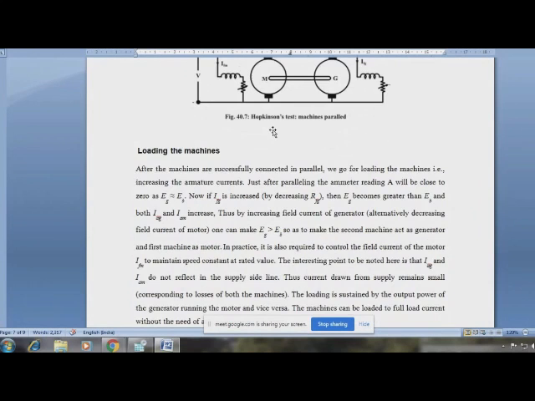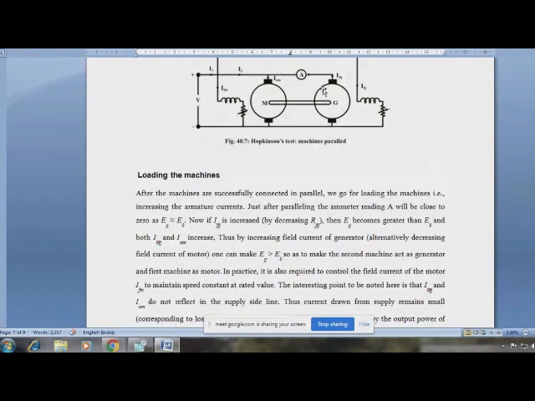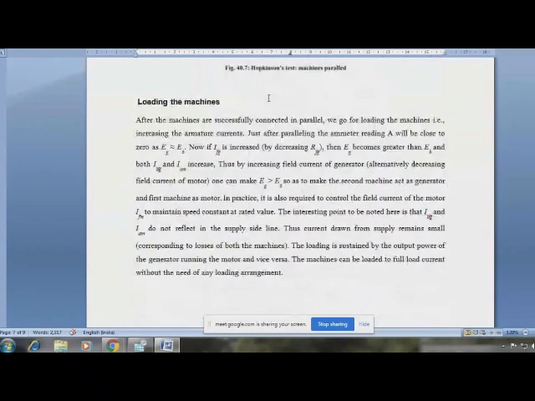Okay, in which case the second machine, that is the one towards right, works as a generator, and the first machine on the left works as motor. And further, to maintain a constant speed, the field of the motor is also varied so that the two machines will run at the same speed, equal to constant rated speed.